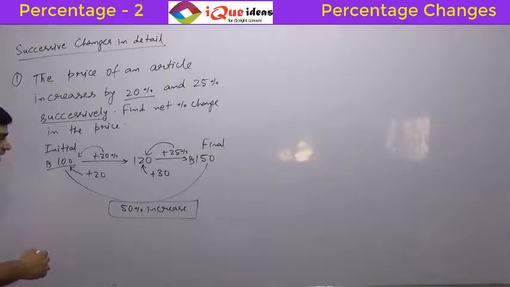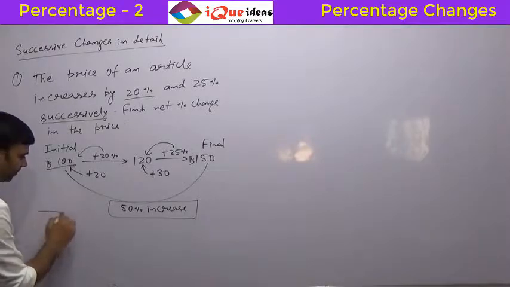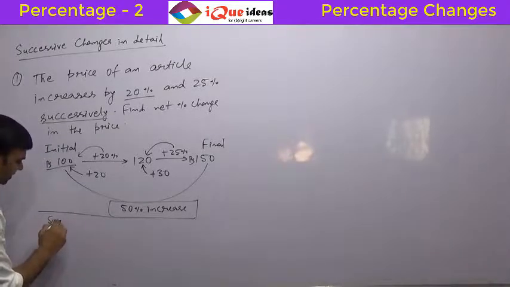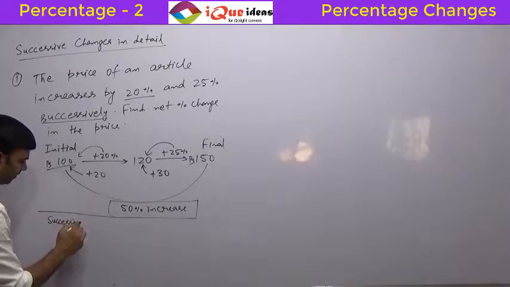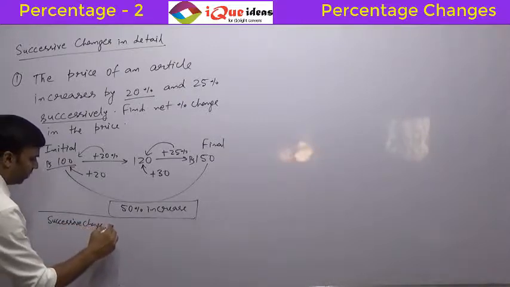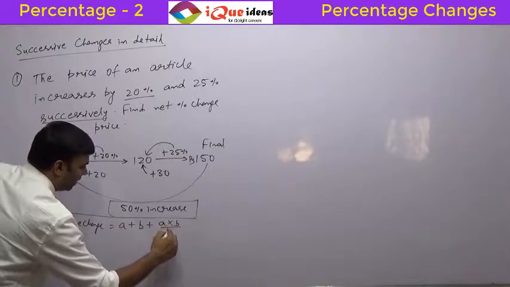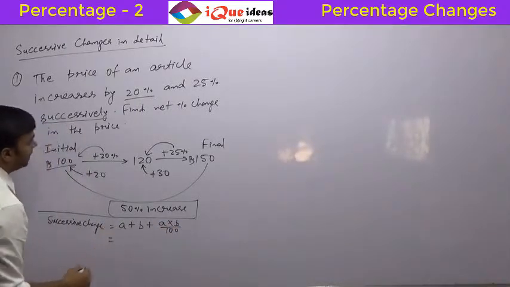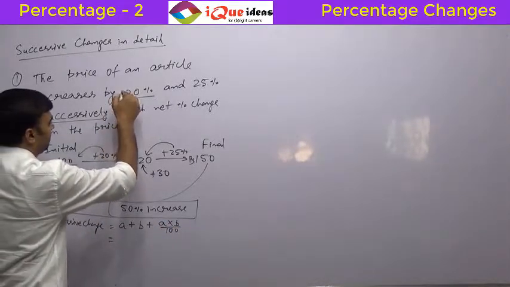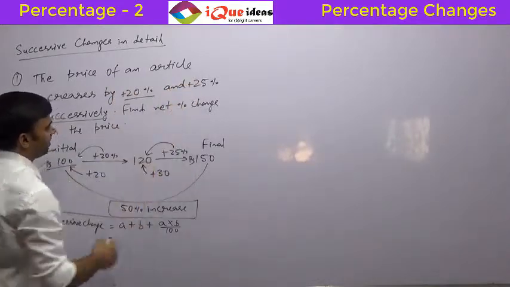Or the other method is the direct formula method, the successive change method. That is equal to A plus B plus A into B by 100. As you can see, in this case A is plus 20 because it is an increment and B is plus 25.